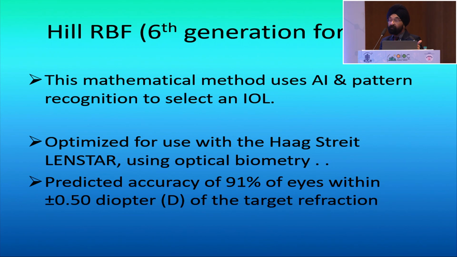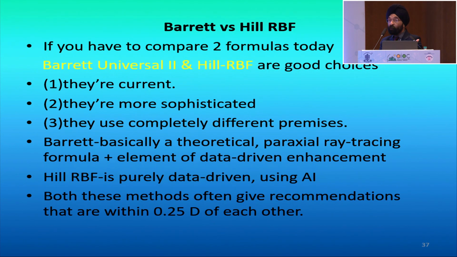Hill RBF depends on artificial intelligence. Now if we compare Barrett and Hill RBF, both are current formulas, both are more sophisticated, and surprisingly both use different theoretical premises, but both give you readings which are within 0.25 diopter of each other.